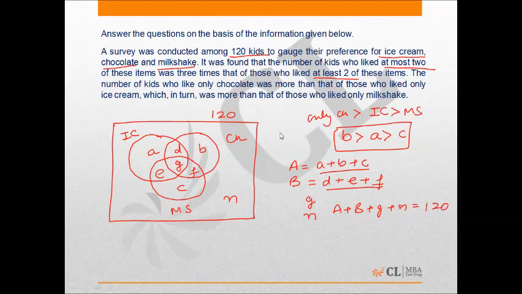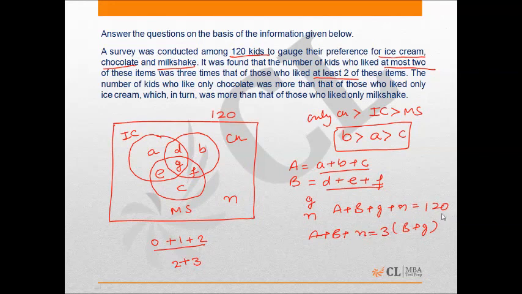right? Now as per the condition, at most 2 means none plus 1 plus 2, right? And at least 2 means who like 2 of the 3 items plus all 3, right? When I put this condition into the variables, I will get A plus B plus N is equal to 3 times B plus G, right?